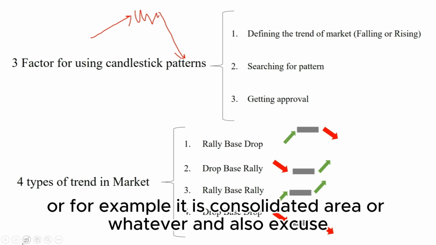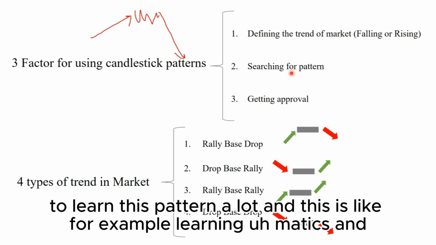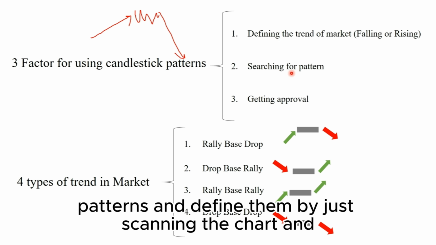And also, we should search for patterns and practice a lot to learn them. It is like learning mathematics: we should rehearse and practice a lot so that our eyes get accustomed to these patterns and can identify them just by scanning the chart.